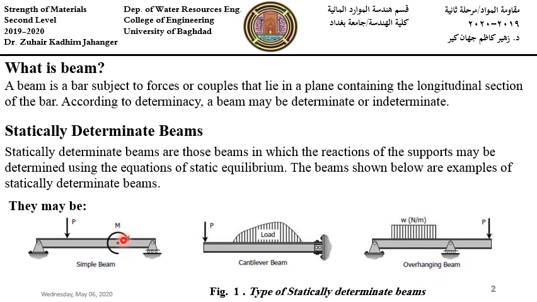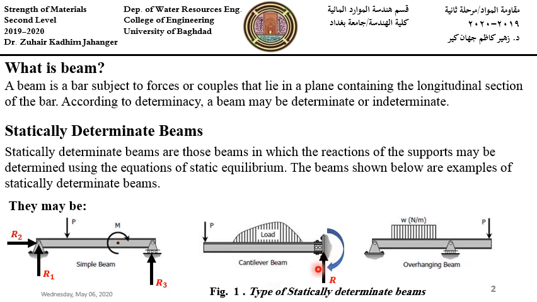A simple beam is supported by a hinged reaction at one end and a roller support at the other, but is not otherwise restrained. A cantilever beam is supported at one end only with a suitable restraint to prevent rotation of that end.